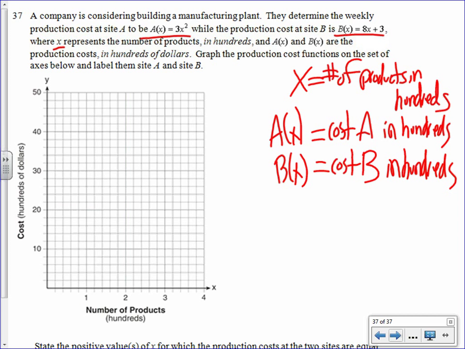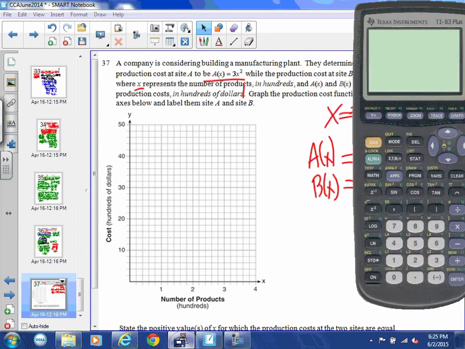Graph production cost functions on the set of axes below and label them site A and site B. I can do that. It's a graph. I'm just going to pull up my calculator. I'm happy to see that as a 6-point question because graphing is very straightforward. I just put it into the calculator and let the points tell me.